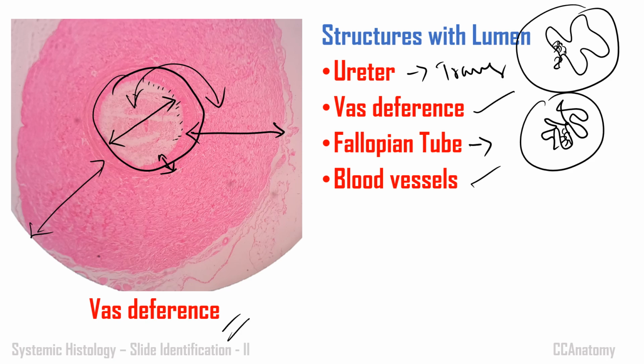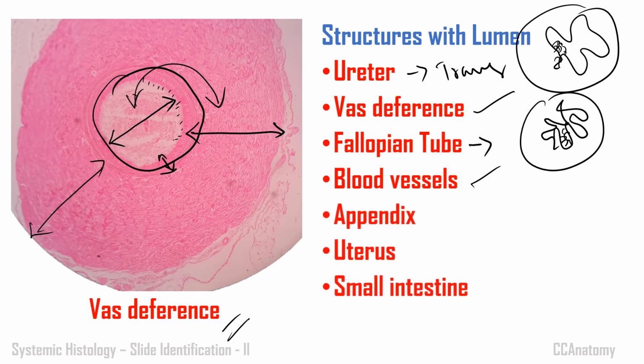Other luminal structures are the appendix. Again here the crypts will be there, the lining epithelium is simple columnar epithelium, and there is lymphoid aggregation in the appendix. The uterus is also lined by simple columnar epithelium, but you can make out spiral glands. Why did I keep this under luminal structures?